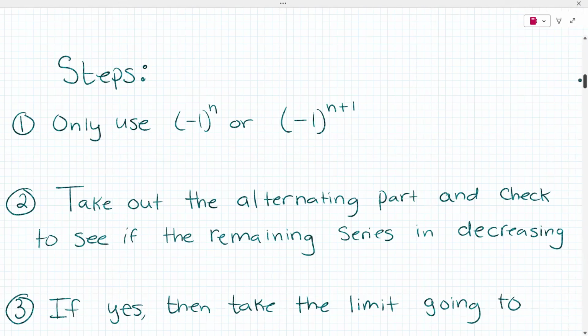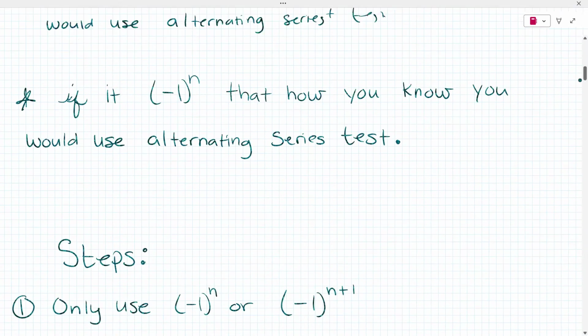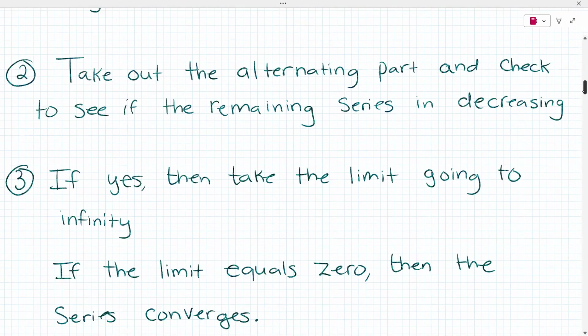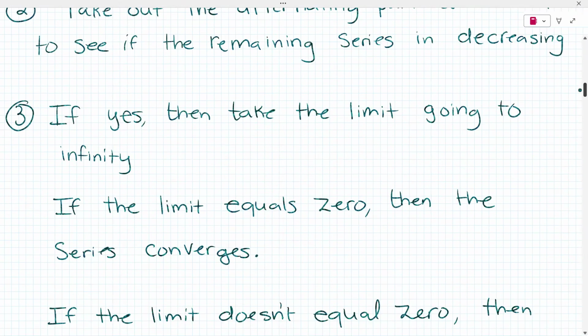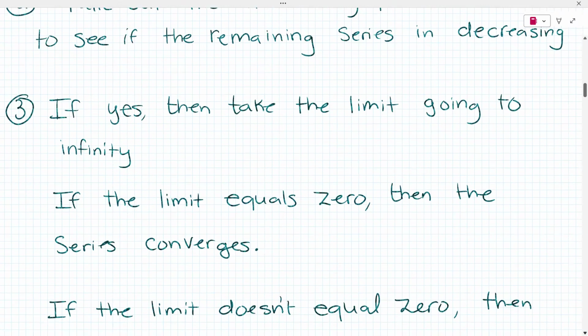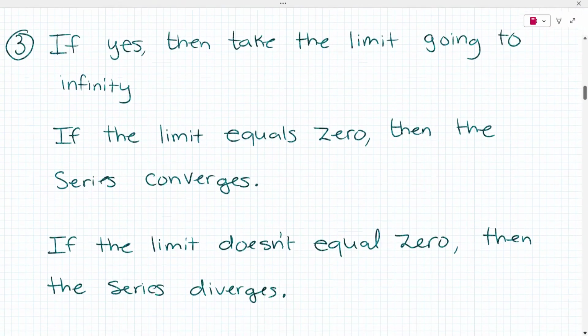What does that mean? I'll show you an example. Step three, if yes, it is decreasing, then take the limit as n goes to infinity. If the limit equals 0, then the series converges. If the limit does not equal 0, then the series diverges.